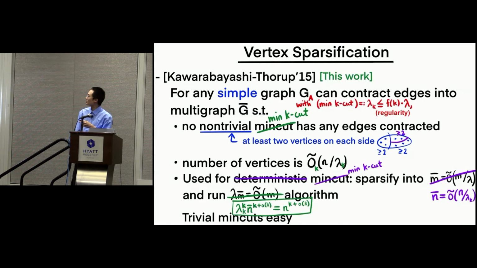So in our work, we adopt the algorithm as follows. Instead of a min cut problem, we now consider a min k-cut problem. We need one regularity condition that we're able to handle with some work, but we'll not see in this talk. We need the condition that the min k-cut is not too much larger than the min cut, so they're close apart by some function of k.